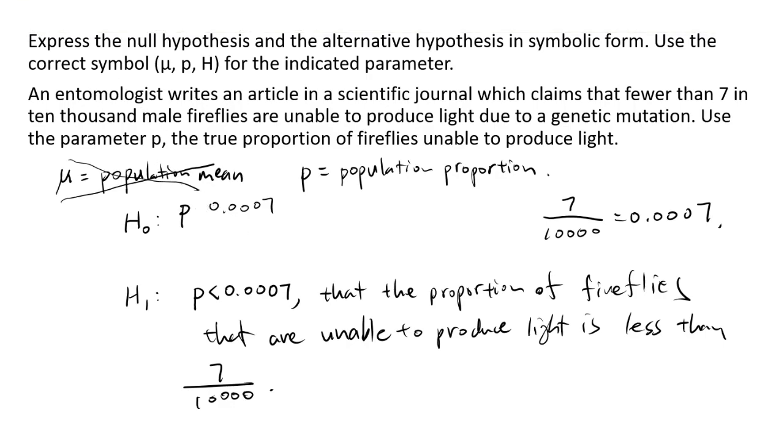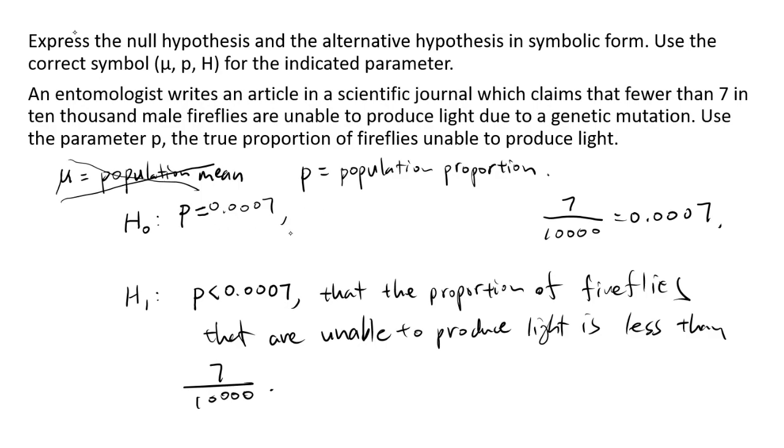But since either one is correct, let's just go with the equal sign, because then you don't have to think that much. Anytime you have a null hypothesis, it's always P equals some value or mu equals some value. That's how the null hypothesis is phrased every time. Then you don't have to worry about whether to put greater than or less than. This is fine.